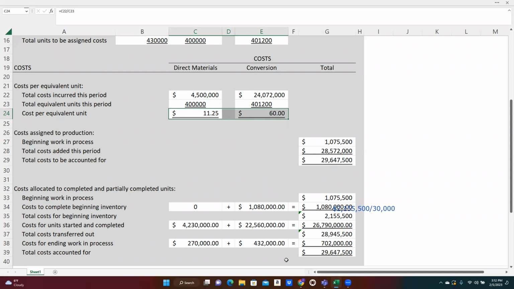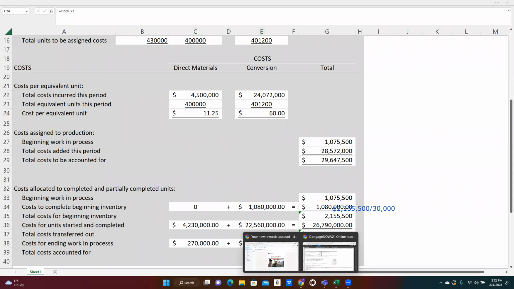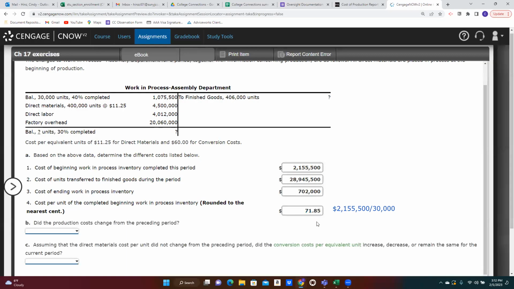That's a total of $71.25 that we spent in the current month. So it was $71.85 for the ones that were started last month. The ones that were started and completed this month, so the ones that we did all the work this month, only $71.25. So 4B, did the production cost change from the preceding period? The answer is yes, because the cost per unit went from 71.85 down to 71.25.